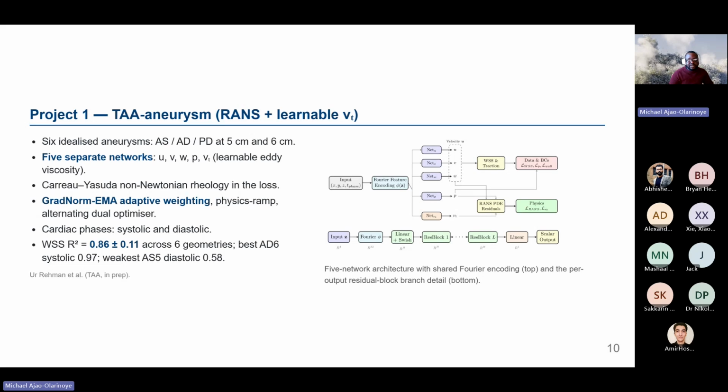The particular GPUs that we used to train these models were the RTX ADA 8000 GPUs, and this produced quite a good result. So the two phases, like I said, were the systolic and diastolic, and we were able to generate the actual systolic and diastolic representation of what the CFD would have been as a surrogate model.